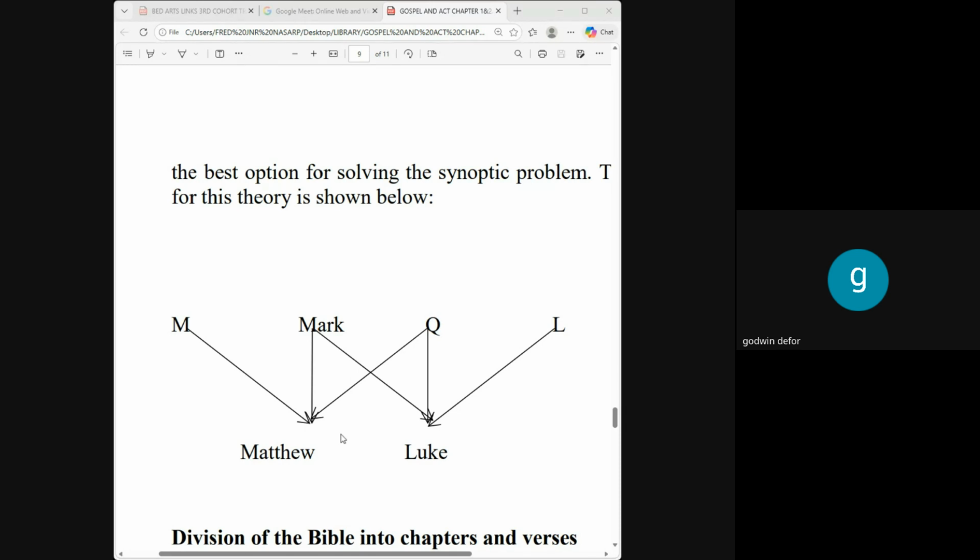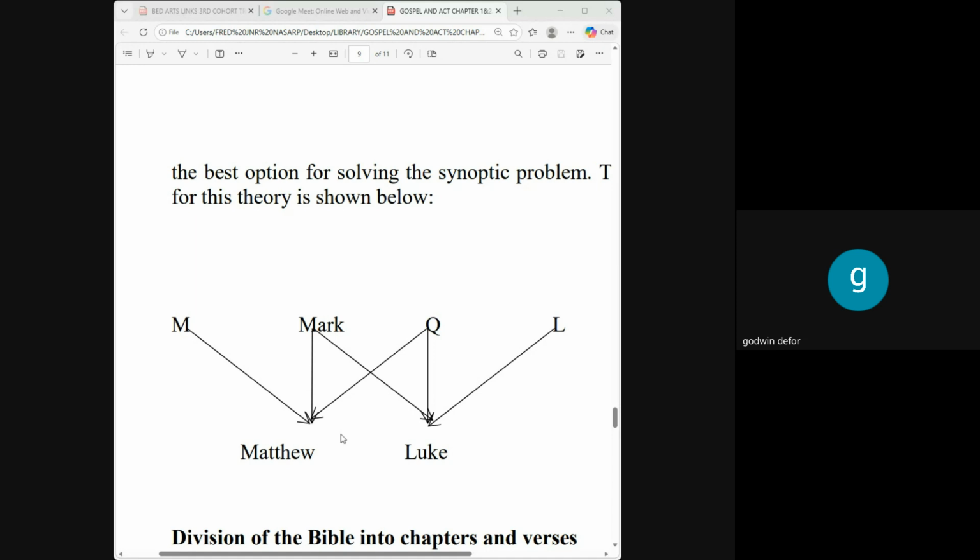Why? The answer is that the material that is similar in Matthew and Luke, they got it from the Q source. And Mark did not have the chance to copy from the Q source. So there is no way you can find that passage in Mark. That problem is solved. That question is answered by going for the Q source.